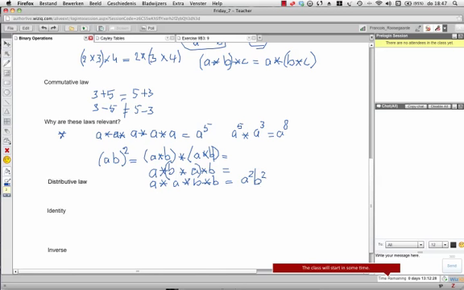Now this is only true if both laws apply. If they don't apply, we can't work like this.